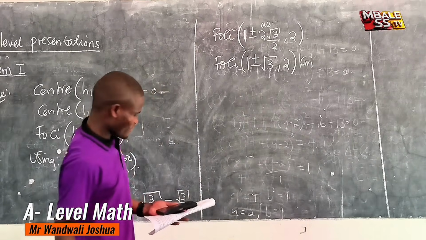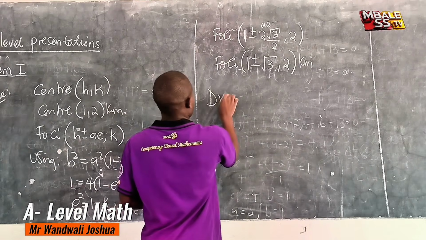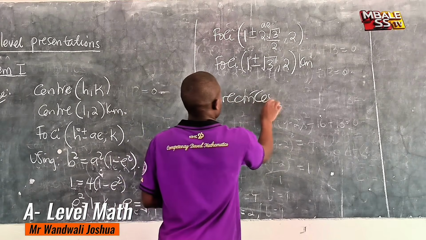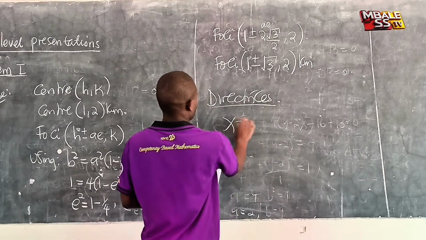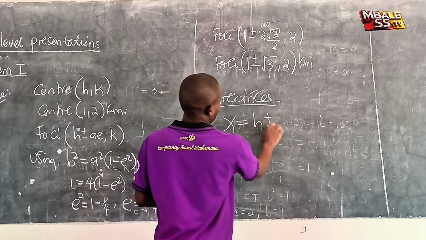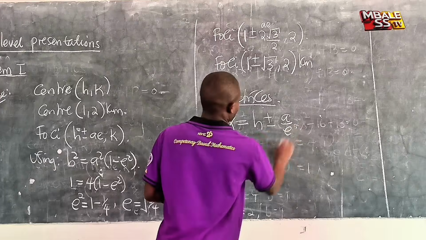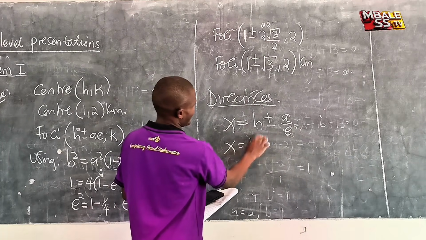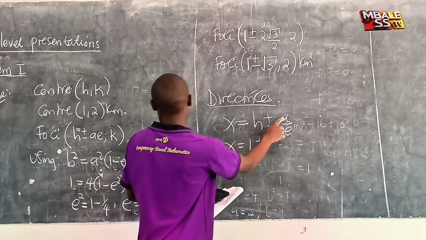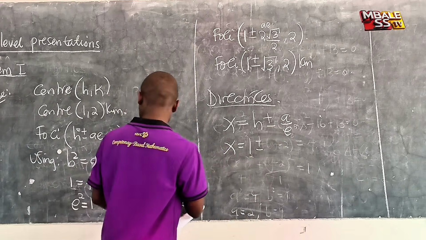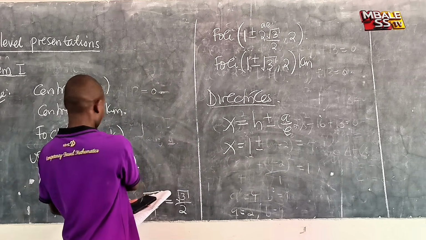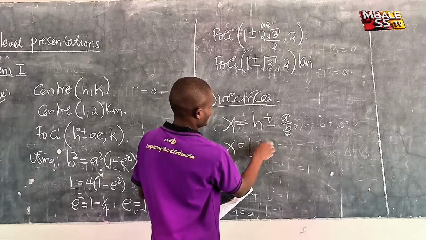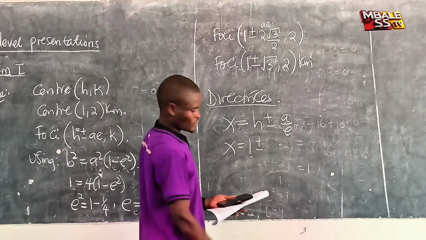So we now have the foci. And lastly, we can look at the directrix, or directrices. So it is a horizontal ellipse, so that will be h plus or minus a divided by e. So my x will now be h, which is 1, plus or minus a divided by e. The value of a squared was 4, so a is 2.